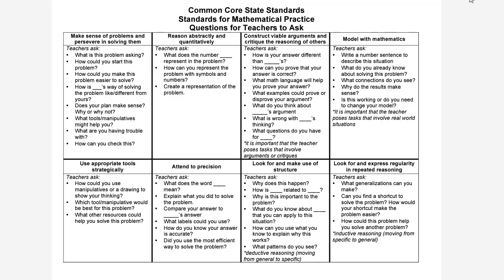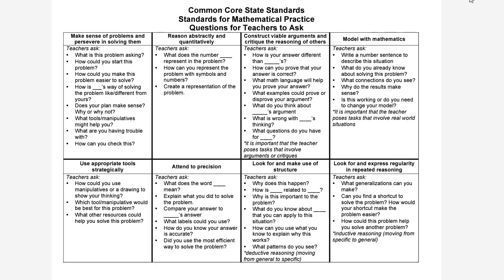Sample questions that can be used to address this standard are, why does this happen? How are these two concepts related to one another? You're trying to build that connection between one concept to another. Why is this important in the problem? What do you know about this concept that can apply to this situation and solve this problem?